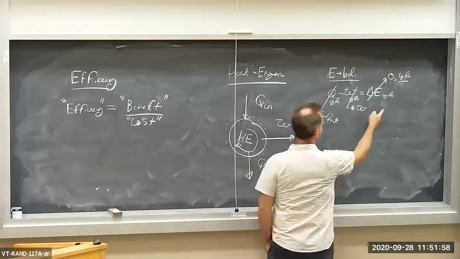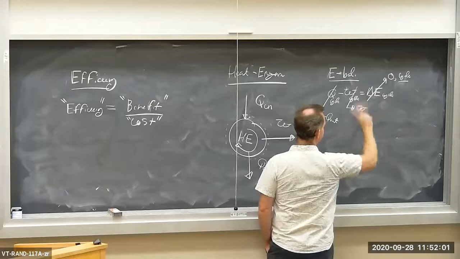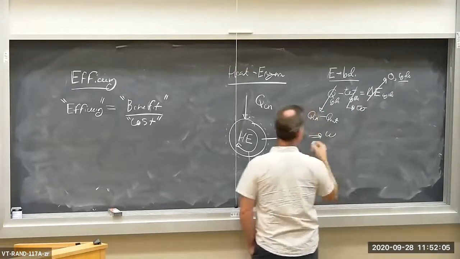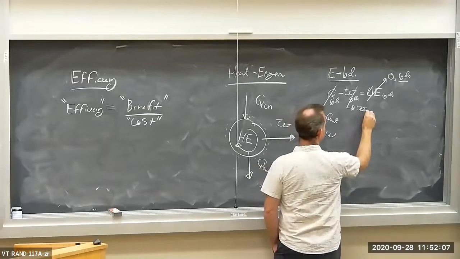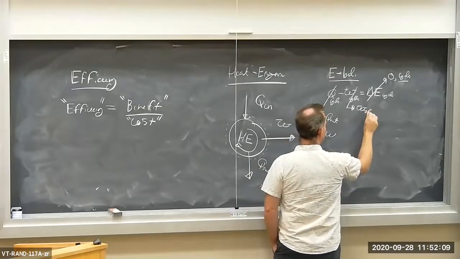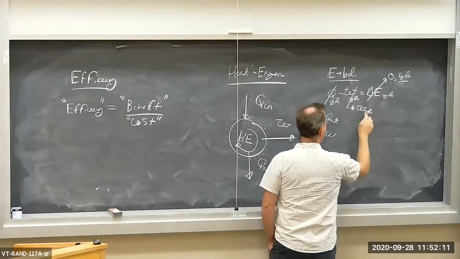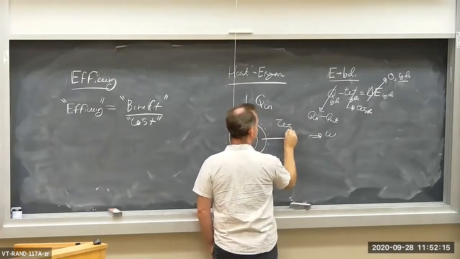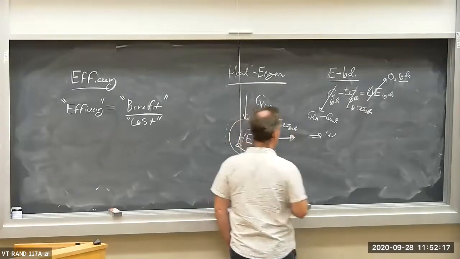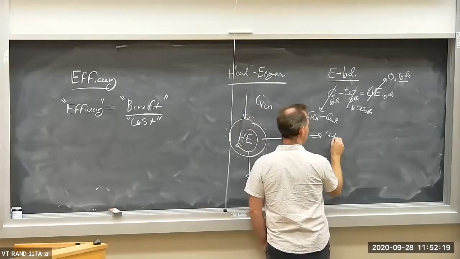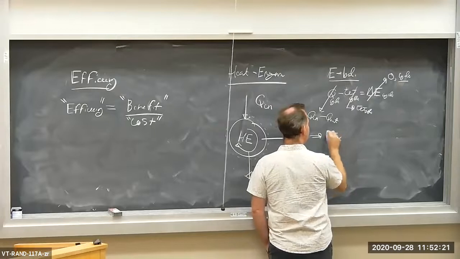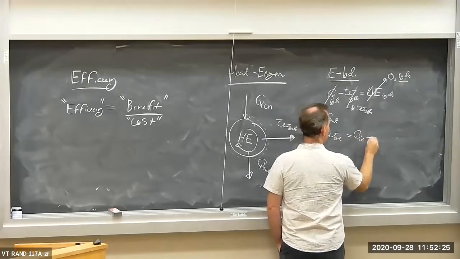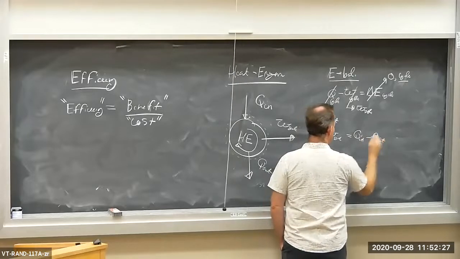Let's take the W and put it over on the right-hand side and then flip the equation. I'm going to leave this as W cycle, just to drive home that we're looking at a cyclic device. So this means that the work over the cycle is equal to Q in minus Q out.